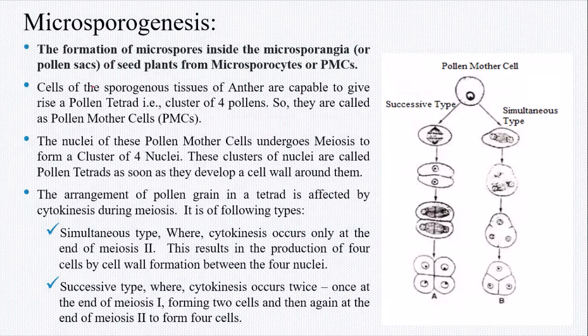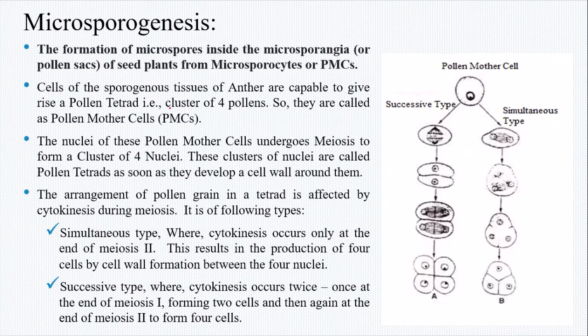If you see there, in the mature anther there was a type of cells called sporogenous cells. I hope you remember these cells were enveloped within the anther walls. So cells of this sporogenous tissue are capable of giving rise to pollen tetrads. What do you mean by pollen tetrad?